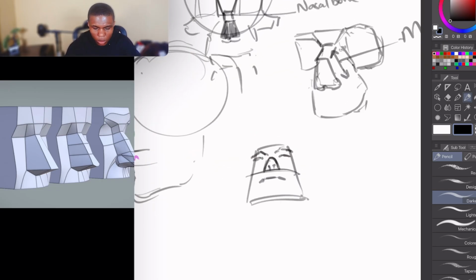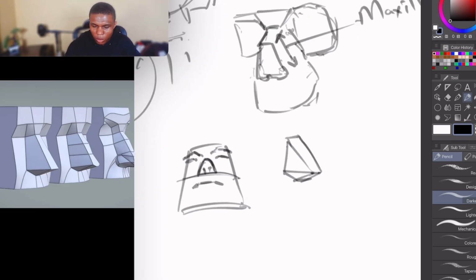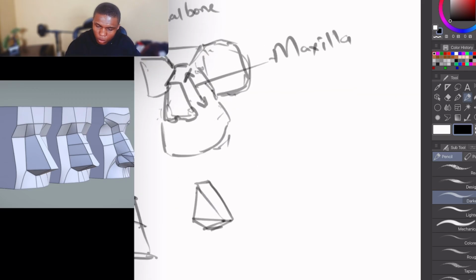Then the nostrils. So this basic shape over here is very important. So we have the wings of our nose, like this.